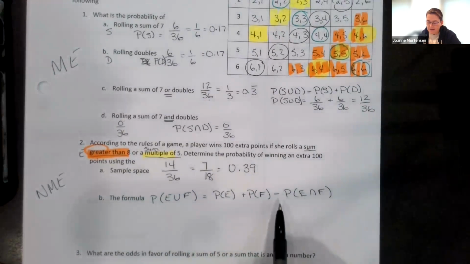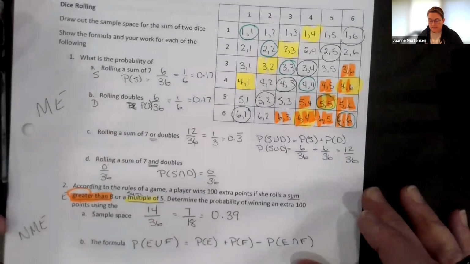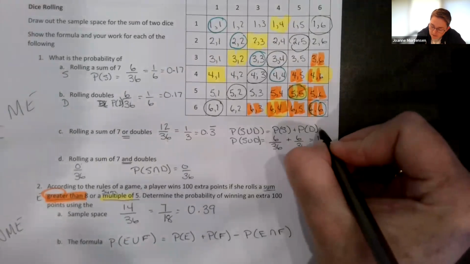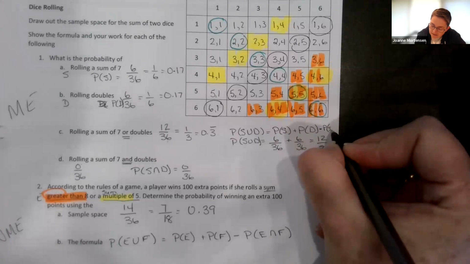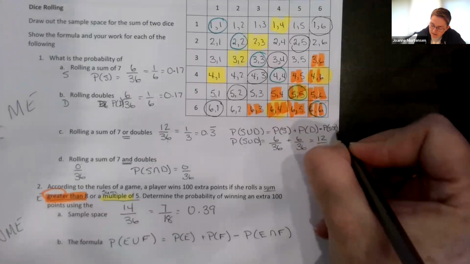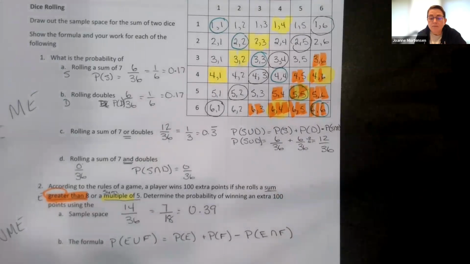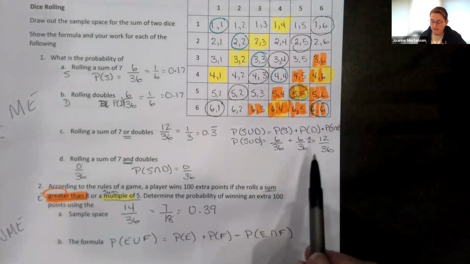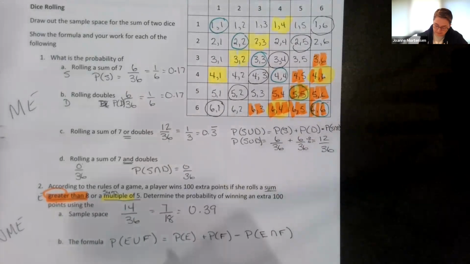So again, this one, it makes sense. If I wanted to, I'm just going to go back here. I could have thrown on here probability of 7s and doubles. But then I just would have had a 0 at the end. I'm sure you can't see that. Oh, maybe you can see that. So if you don't know, put it on there and then you can always double check.